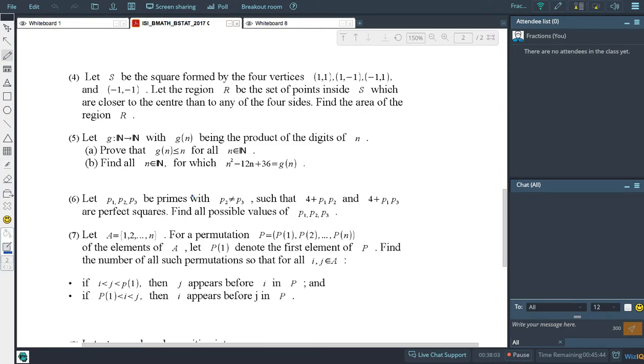I've been given a polynomial, and for a particular value of n, the product of the digits of n will be equal to the value of the polynomial when I put n in that polynomial. So p of n will be equal to the product of the digits of the number. So it was kind of interesting if you think of it that way. So now, how do we solve it?